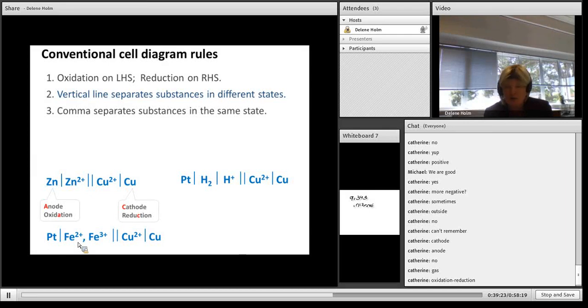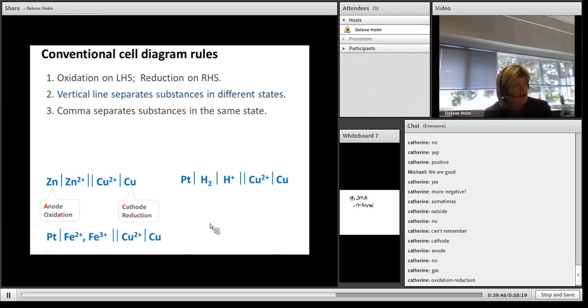They're both in solution. They're both aqueous. So if I have something in the same state, I use a comma. So both of these are aqueous, so I don't draw a solid line, I use a comma instead. Solid going to aqueous, so straight line. Now I'm changing a salt bridge, so two double lines, and aqueous to solid, a single line.